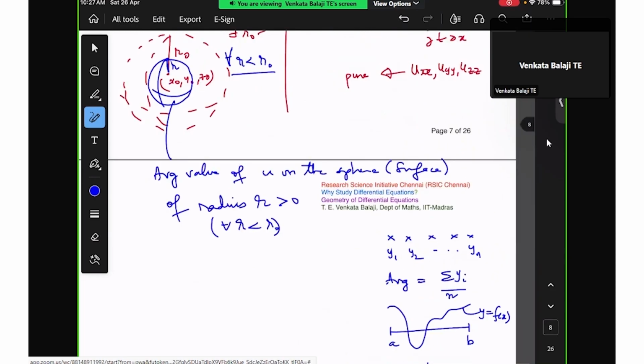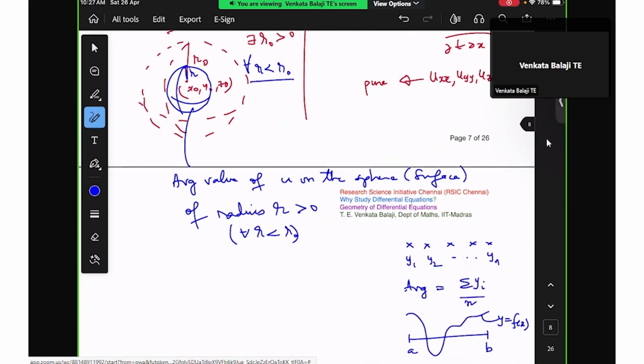So now you know what the average value of u is. This sphere is given by what? I will integrate over the sphere u of x comma y comma z dA. I will use ds so that you understand that.